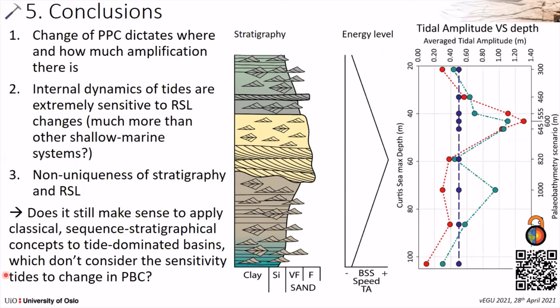And I would like to open a discussion with you again with this question: does it still make sense to apply classical sequence stratigraphic concepts to tide-dominated basins, which don't consider the sensitivity of tides with respect to change in paleophysiography configuration?